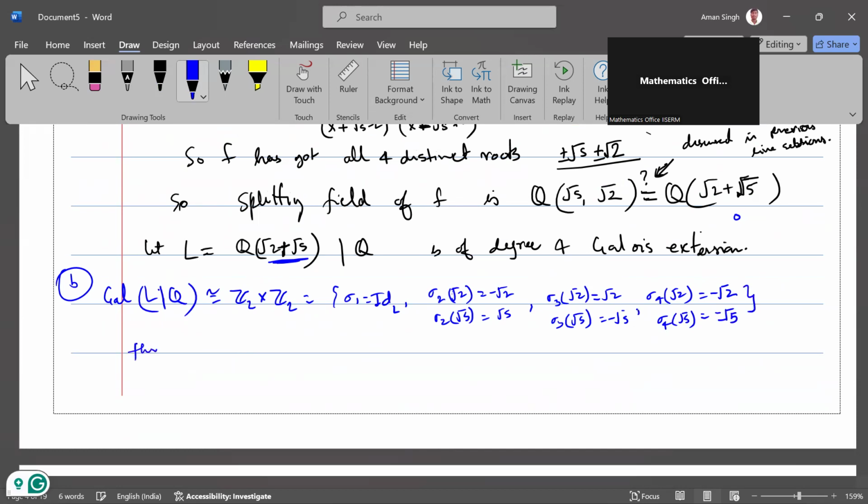Then for subgroups, we have this lattice. Here we have trivial, trivial with sigma 1. Then identity with sigma 2. This is also a subgroup. This is identity with sigma 3. You can just check they are subgroups. Okay.